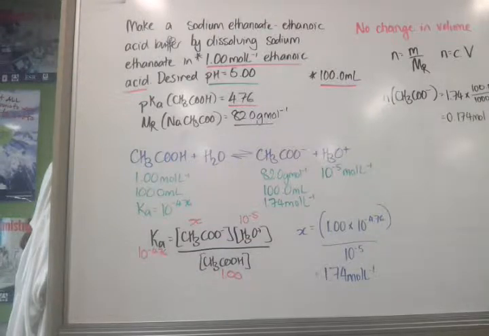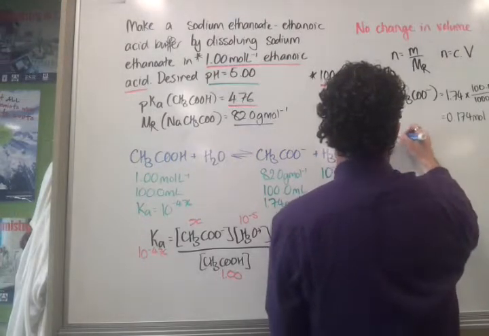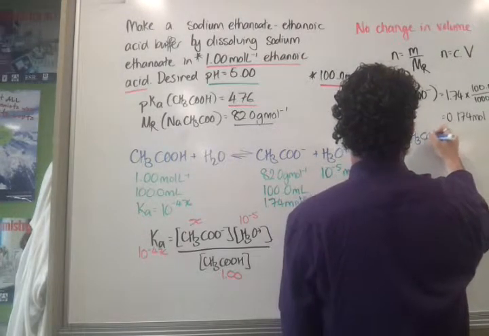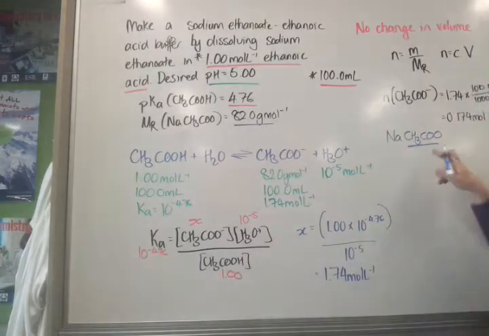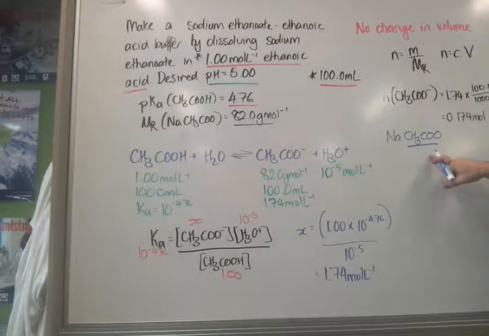Alright? Luckily though, sodium ethanoate has only got one of them in it, so it's okay. Alright? If there were two of them, then I'd need to halve this value. So if it was say calcium ethanoate, which would have 2 ethanoate ions, then this value would have to be halved, because there's half as many moles of the original stuff as there are of the ethanoate.